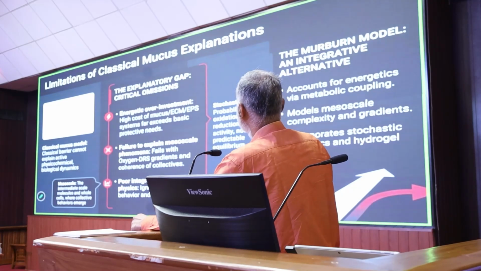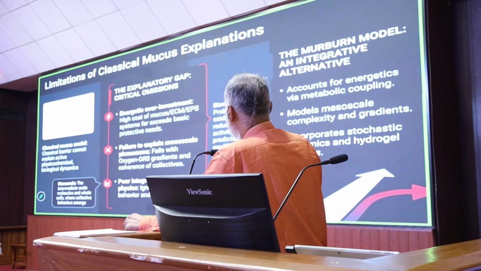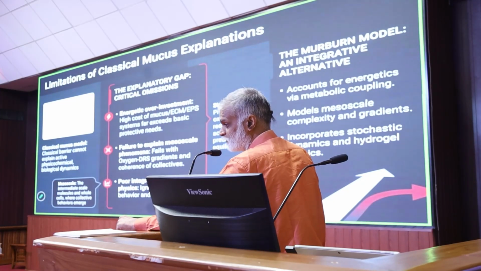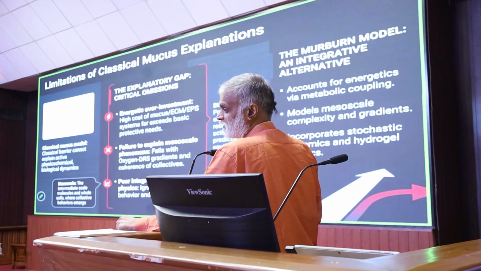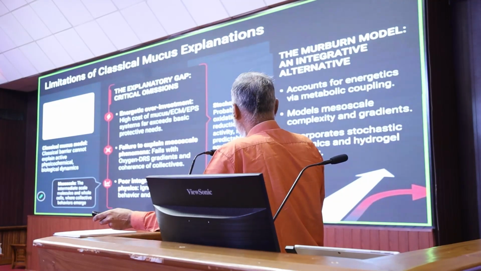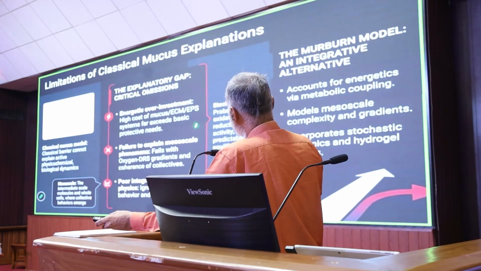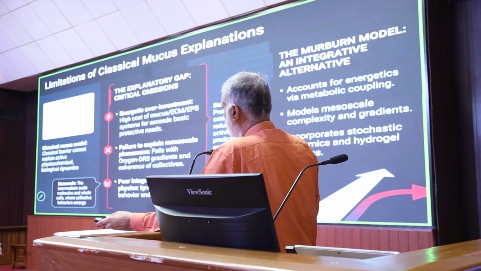So what are the limitations of classical mucus explanations? One is that, as we have seen very clearly in the morning, energy economy. There is also a high cost: mucus, ECM and EPS systems far exceed basic protection needs.